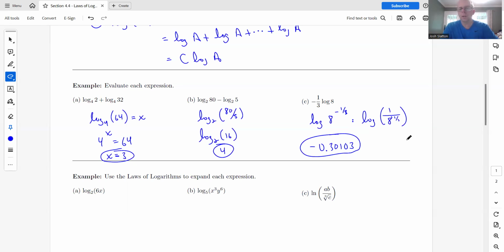Or I guess you could write this as log of 1/2. Then we could do log of 1 minus log of 2. Log of 1 is 0, always. So this is just negative log of 2.